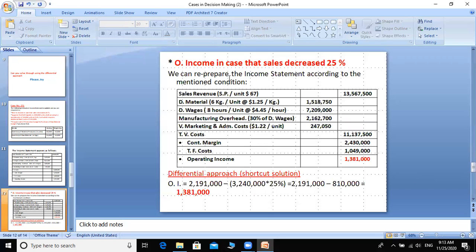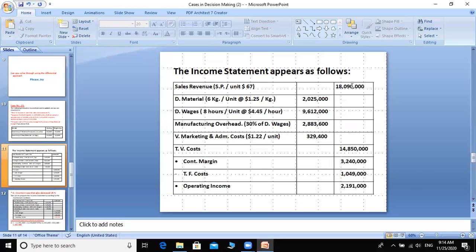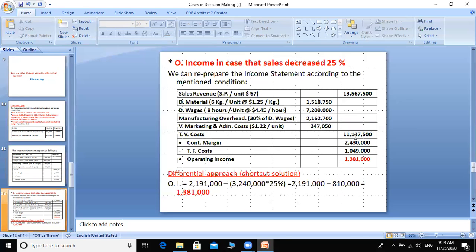We can re-prepare the income statement according to the mentioned condition. Sales will be decreased by 25%. So this sales, I deducted 25%, I multiplied by 75%. Then these four items and their total are decreased by 25%. It became like this.